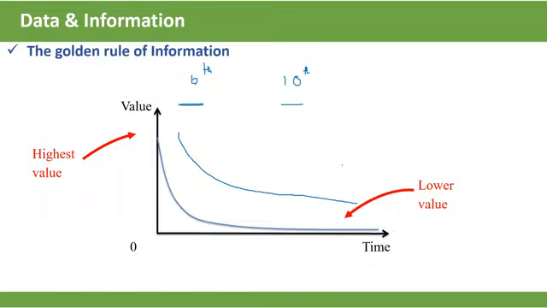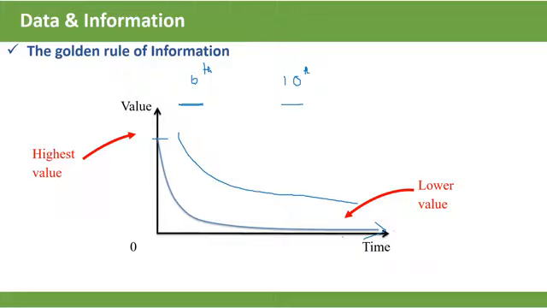At the end of the year, everyone is waiting for the news. But after that period, you go to the next year and start January, February, March, April, and now it's old news. When you get it first, its value is highest, but with time it will be lower.